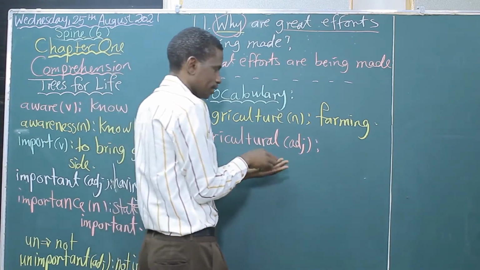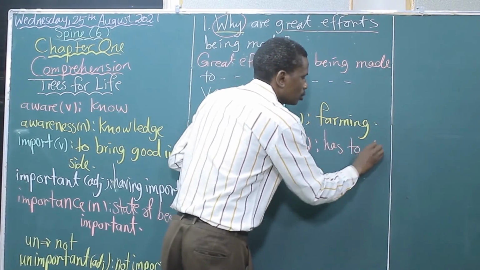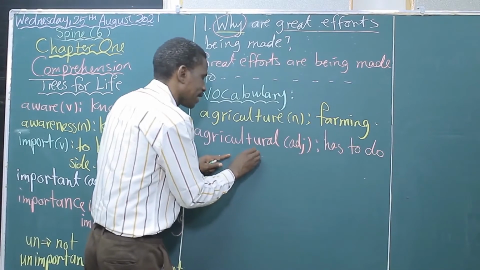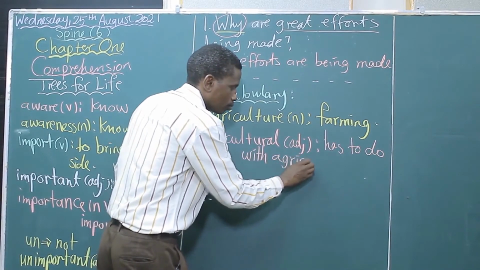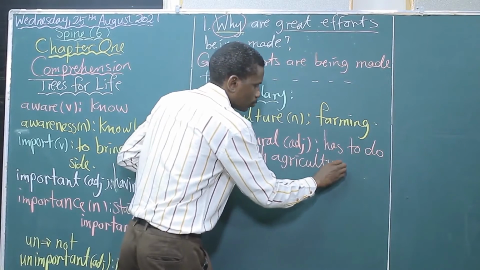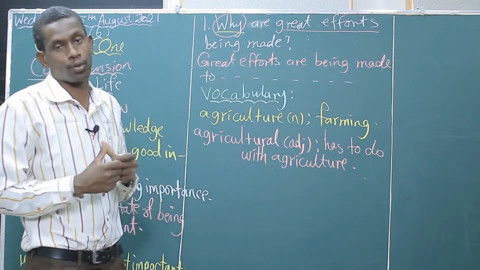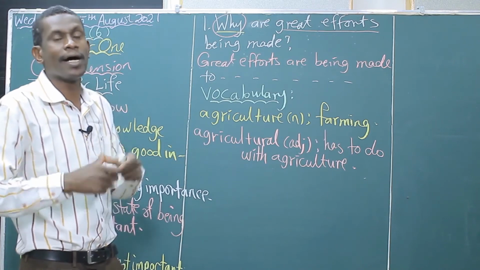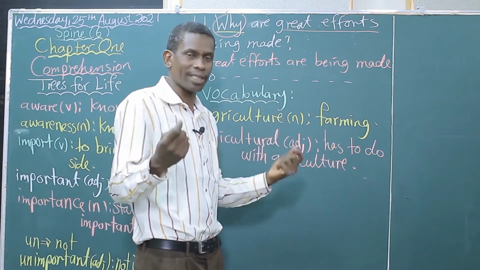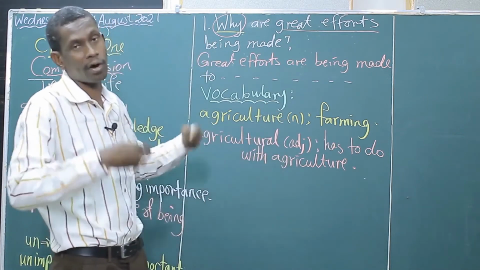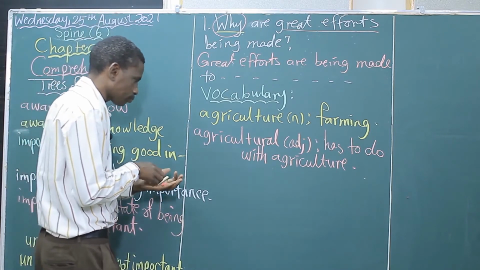It means has to do with agriculture. We do have agricultural products. That means agricultural project. An agricultural project is a project that has to do with farming. Okay? Look at this word.